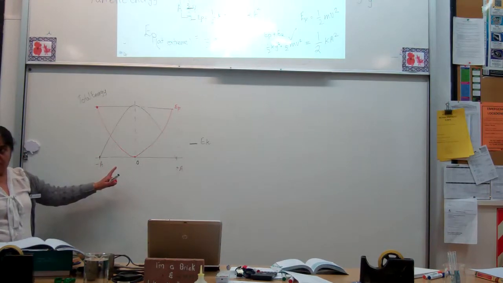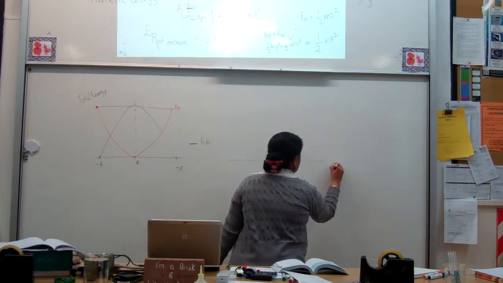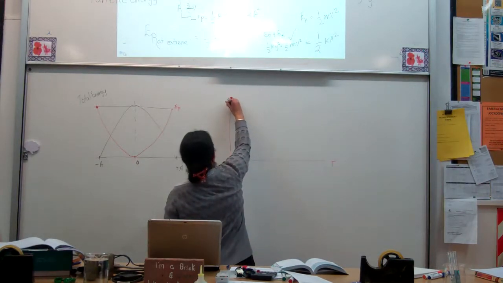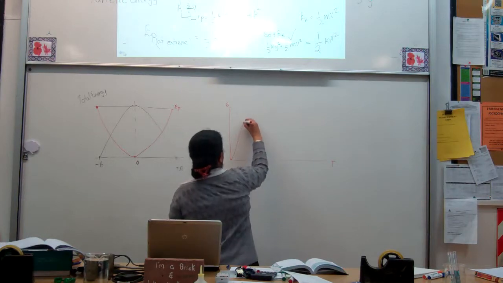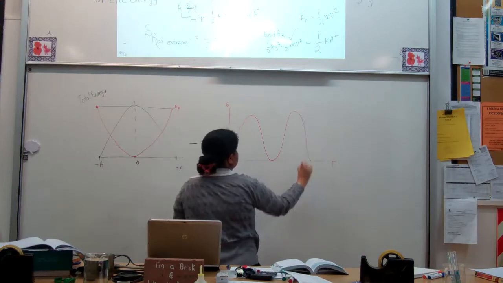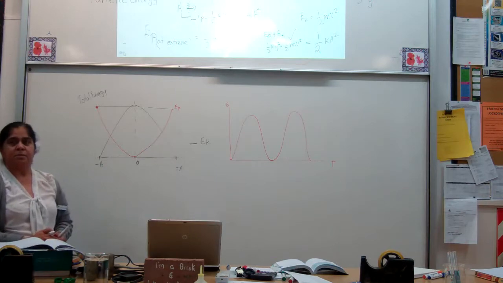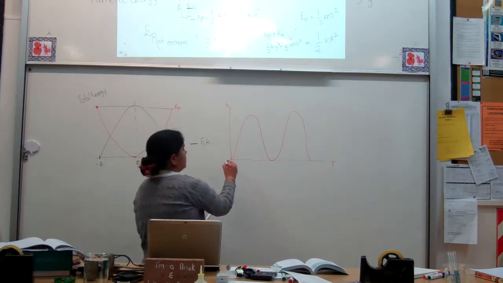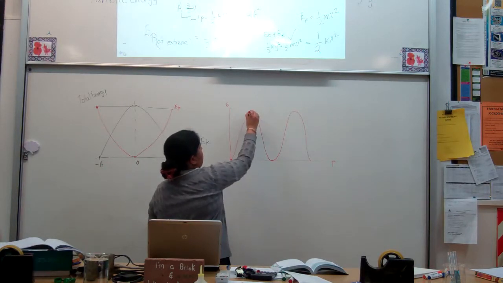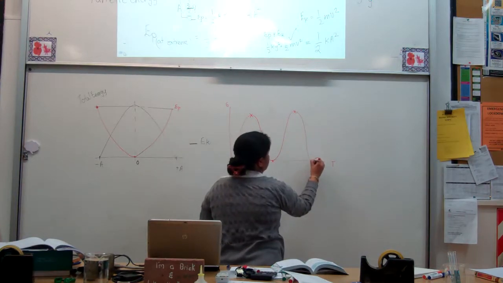Another important graph. Another one is, during one full cycle, what happens to the energy? During each cycle, two times potential energy, if I start at equilibrium: maximum, then becoming zero, then maximum, becoming zero.